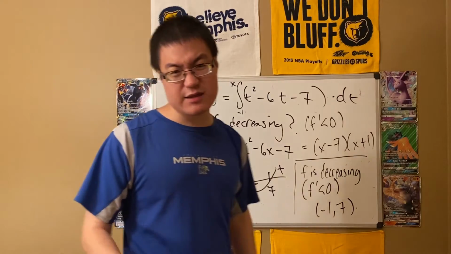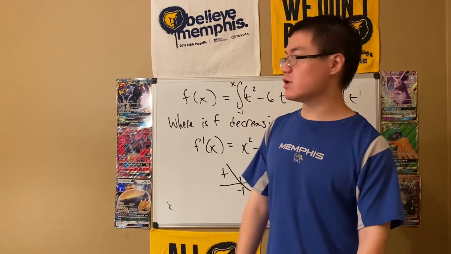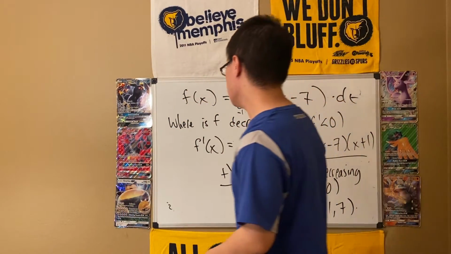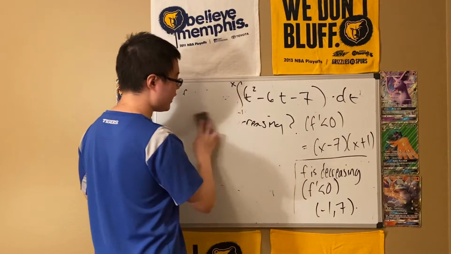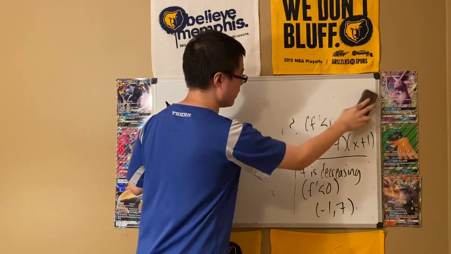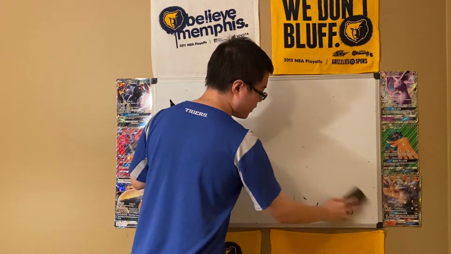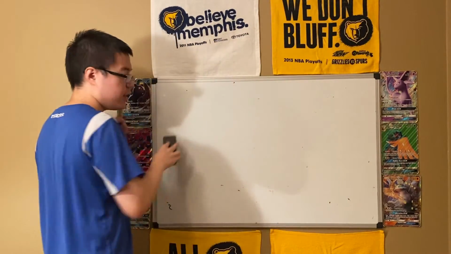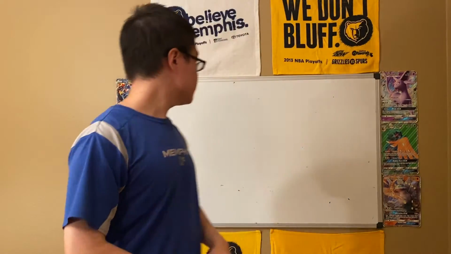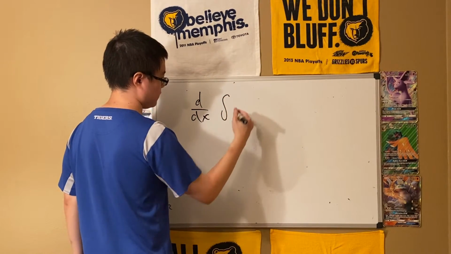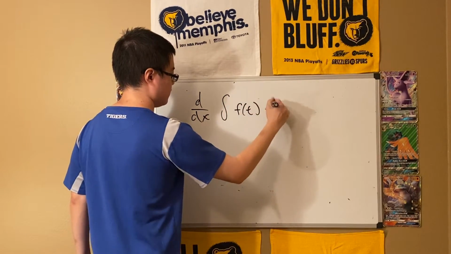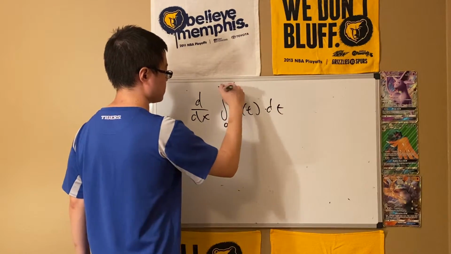So hopefully you can see that these fundamental theorem of calculus part 2 questions, taking the derivative of integrals, let's just recap, isn't too bad. They're inverse processes, so they really cancel each other out. They do occur in other questions, but anytime you have an integral and you want to take its derivative, fundamental theorem of calculus. So it's derivative of an integral, f of t dt, a to x, 7x.